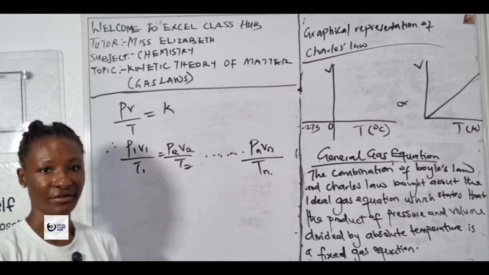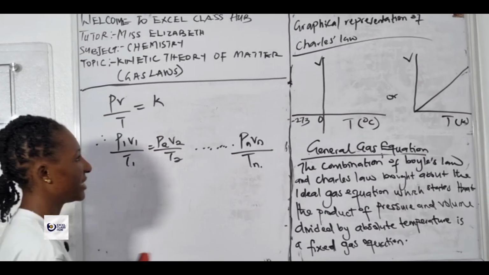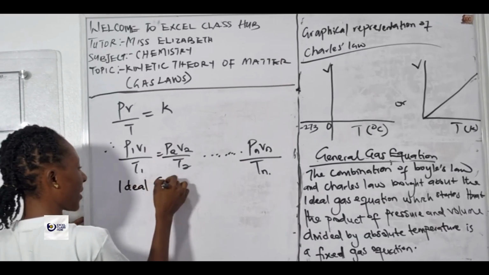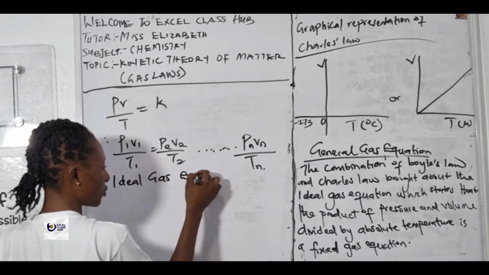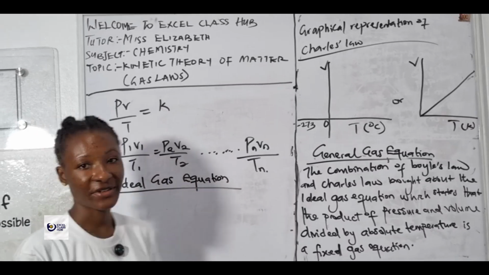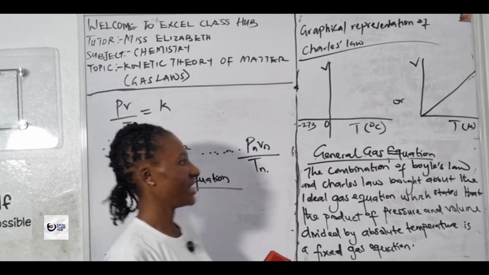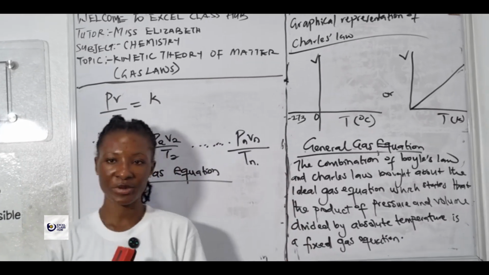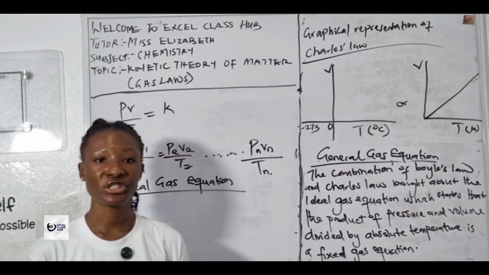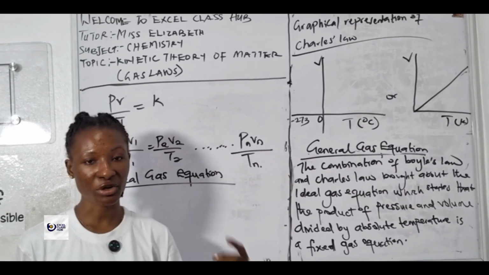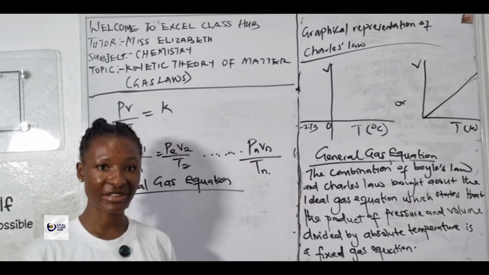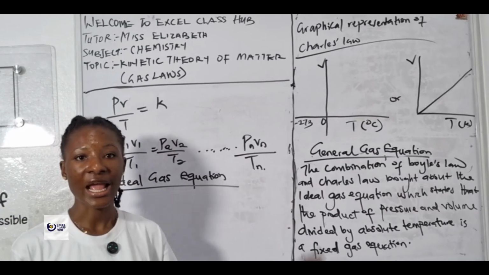So forging ahead, we move to the ideal gas equation. At the end of the class, I'll be taking examples for each of the laws provided: Boyle's law, Charles' law, general gas equation. Ideal gas equation does not have any calculation. Then we move to Avogadro's law and the rest of the laws. So I just want to pick the laws at once.